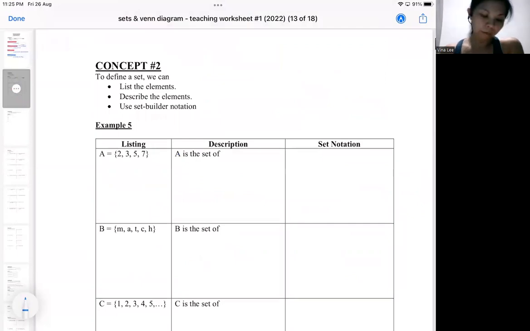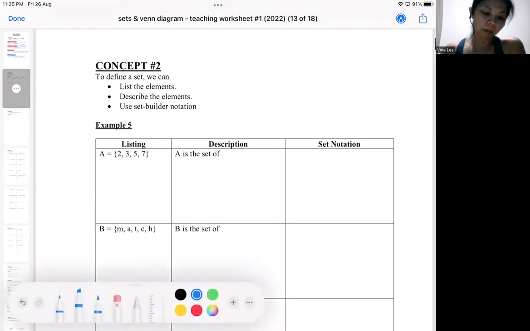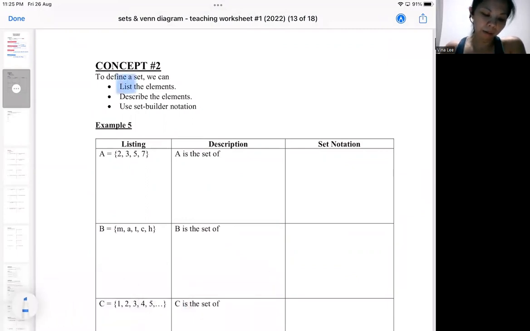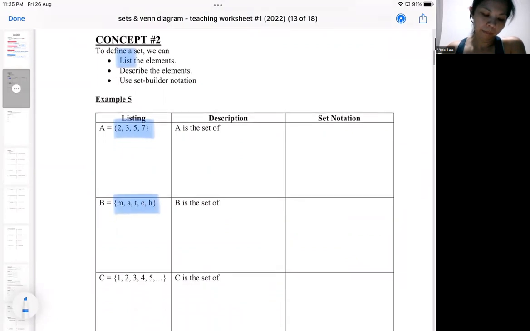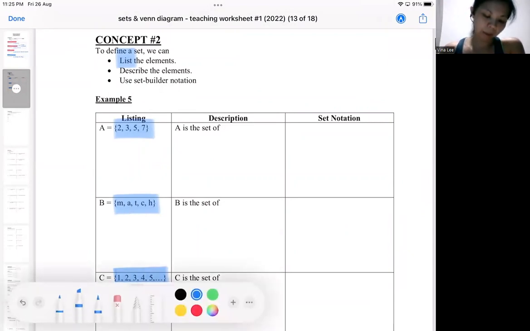Then it's also related to concept number 2. If you are asked to list the elements, that means you're going to be doing it in the curly bracket. This is the idea of listing. And if we need to describe the elements, we describe it in words.